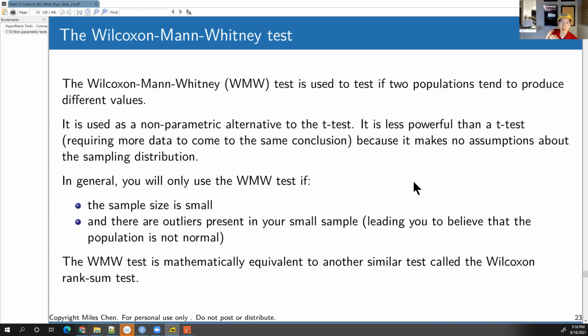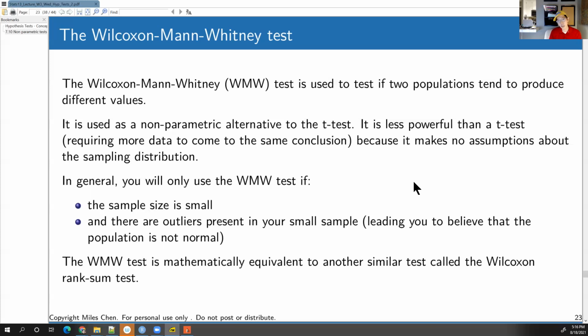We're assuming that, and therefore when I see this unusual value, I can make all sorts of other assumptions and come to a conclusion. We're making a lot of assumptions when we do a t-test. When we use a non-parametric test, we are making very few assumptions. We're not going to jump to any conclusions.